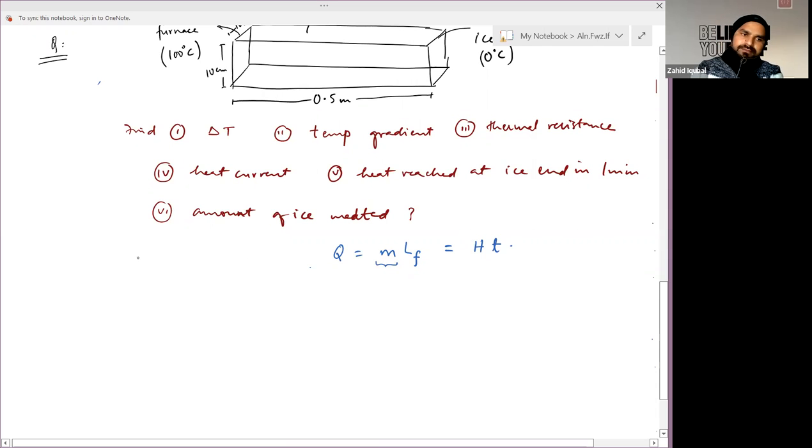In this part, the latent heat of fusion for ice is 80 calorie per gram. So we have to convert it into joule. So 1 calorie equals 4.2 joule, and per gram is 10 to the power minus 3 per kilogram. Just put this in, and you'll get the mass of ice melted.